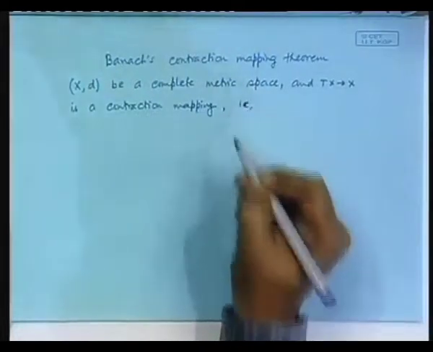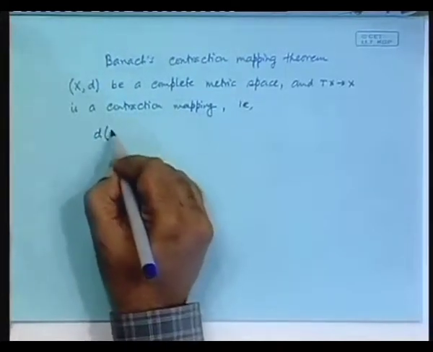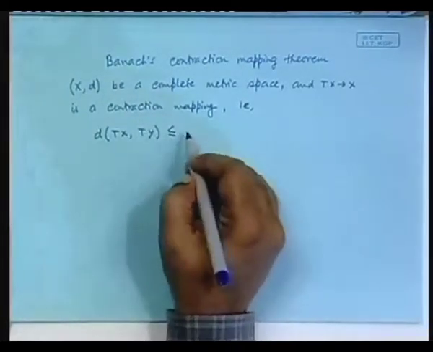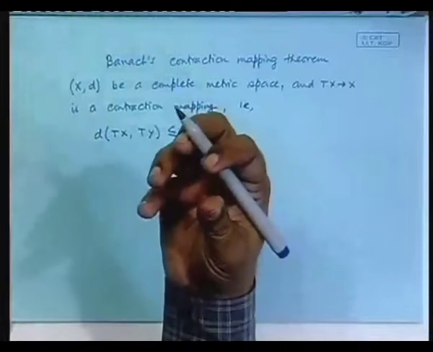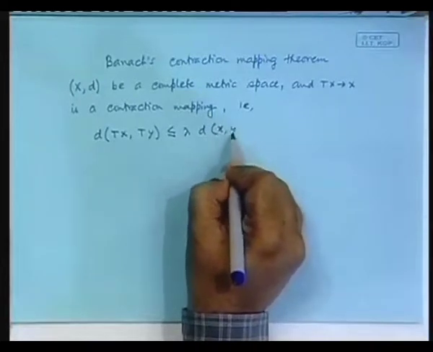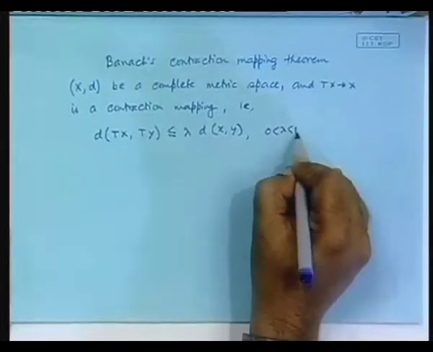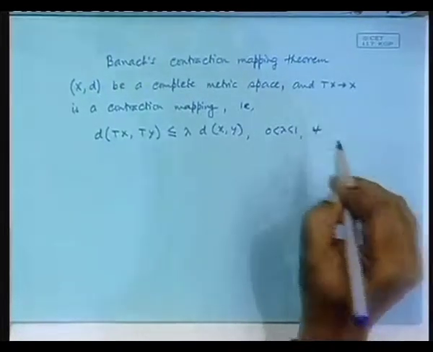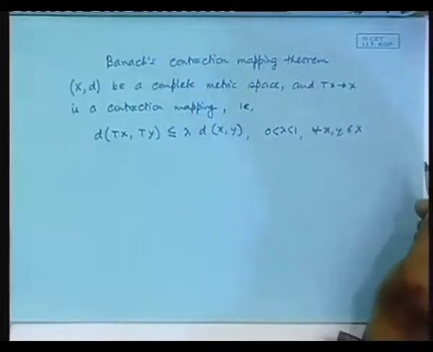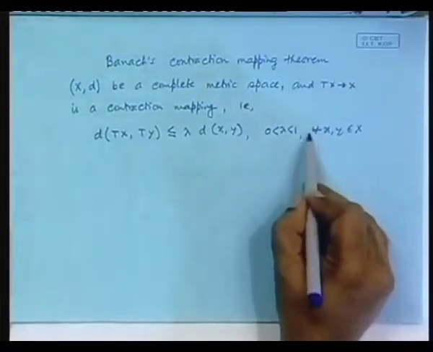That is, contraction mapping would mean that the distance between Tx, Ty will be less than or equal to some number, the contractivity factor, let us call it lambda, times d of x y, where lambda is between 0 and 1, for every x, y a member of the set X. See, these notations you should get used to.